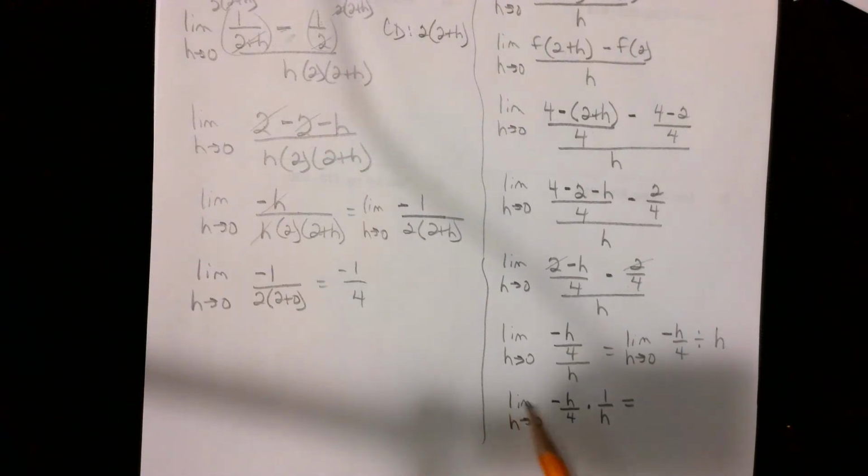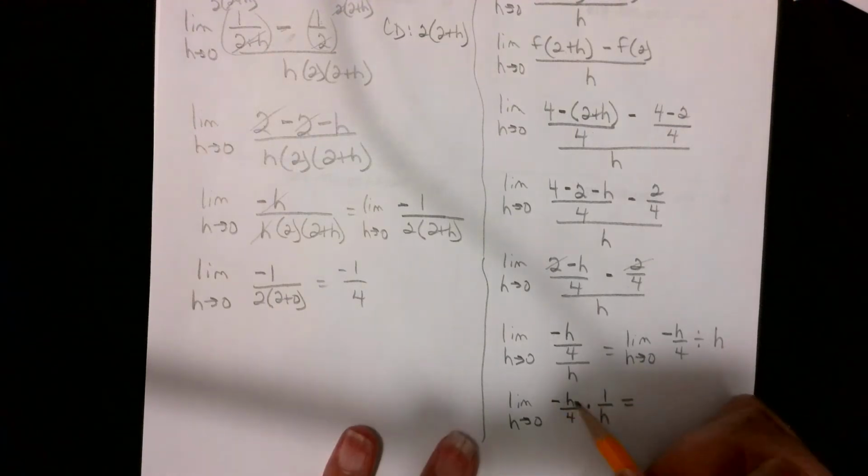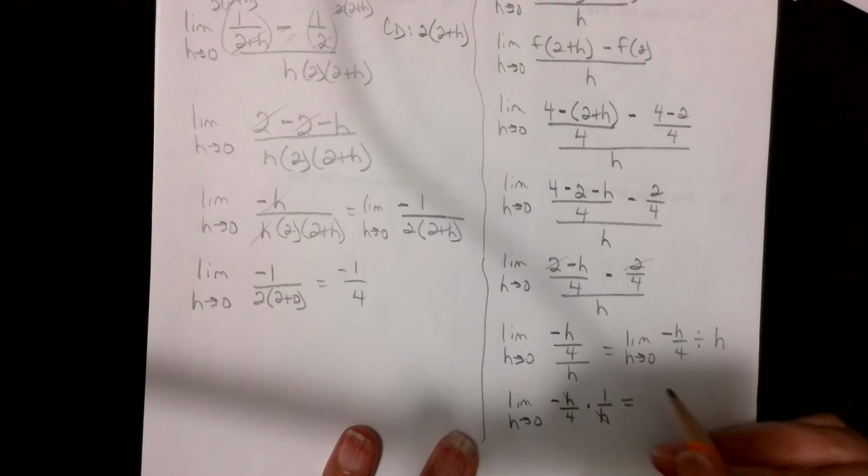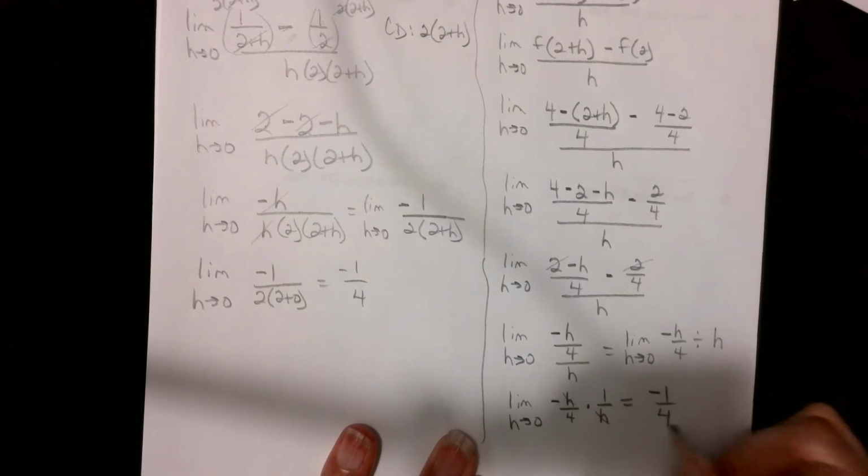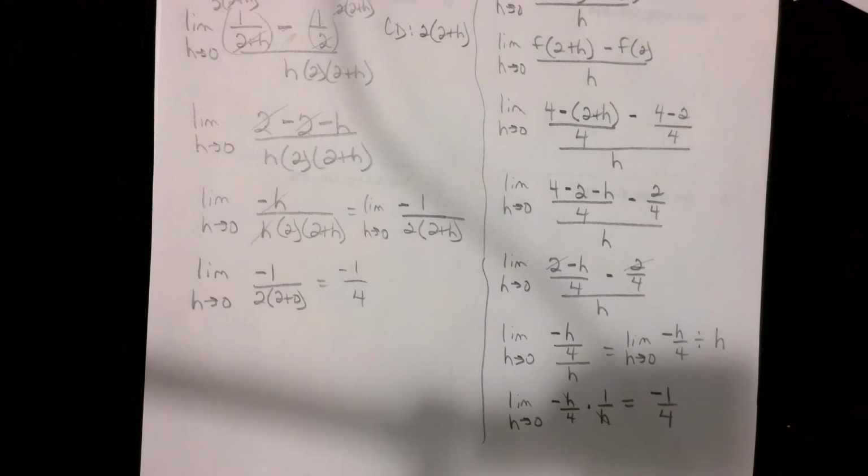Which you can, well, you all say cross cancel, but it's simplifying. That simplifies with that, and then this becomes negative 1/4. Okay? These problems will really test your algebra skills.